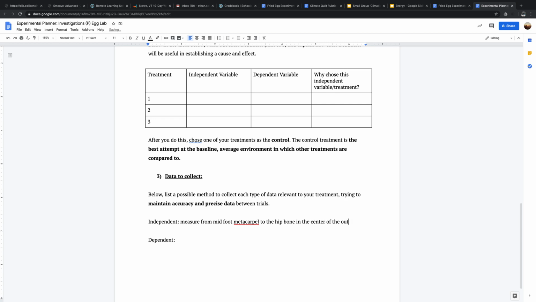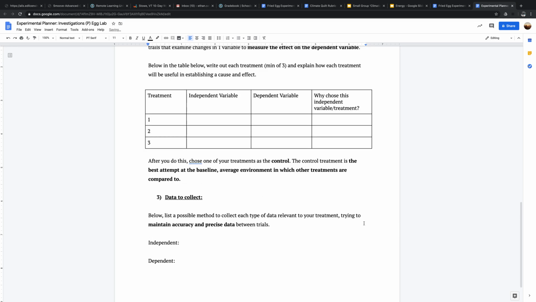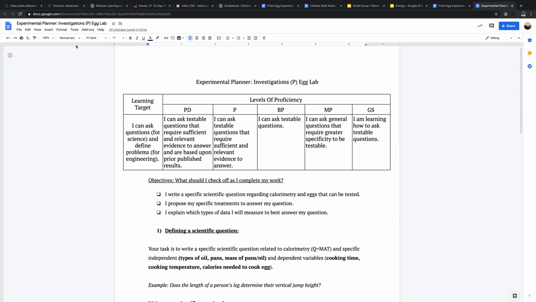I'm going to be really specific with how I measure my variable in order to make sure I do it the same way each time. And that's how you're going to be completing your experimental planner for the egg lab.